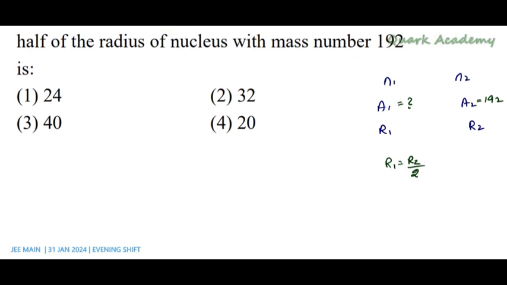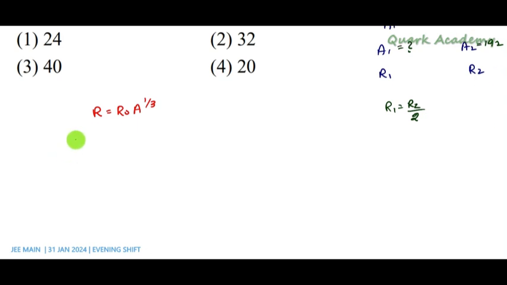So radius of any nucleus we can write as R equal to R0 into A power 1 by 3, where R0 is some constant and A is the mass number. So using this I can write for R1 and R2. R1 equal to R0 into A1 power 1 by 3. Similarly R2 equal to R0 into A2 power 1 by 3. So in the question it is given R1 equal to R2 by 2. So let's substitute R2.